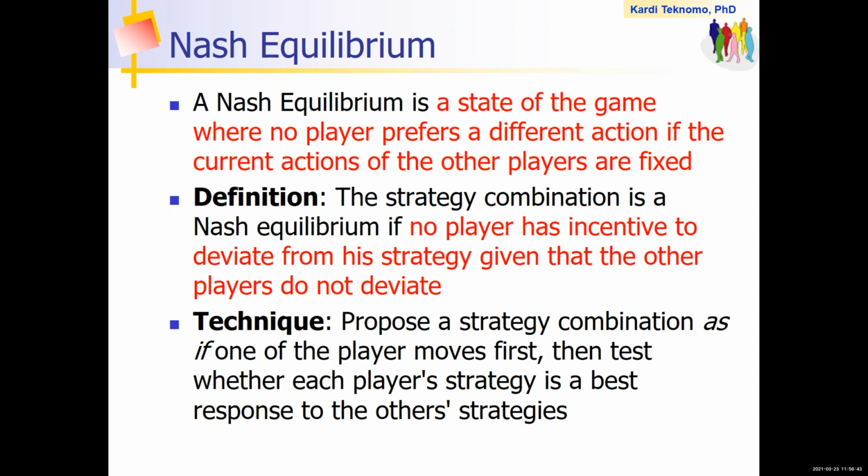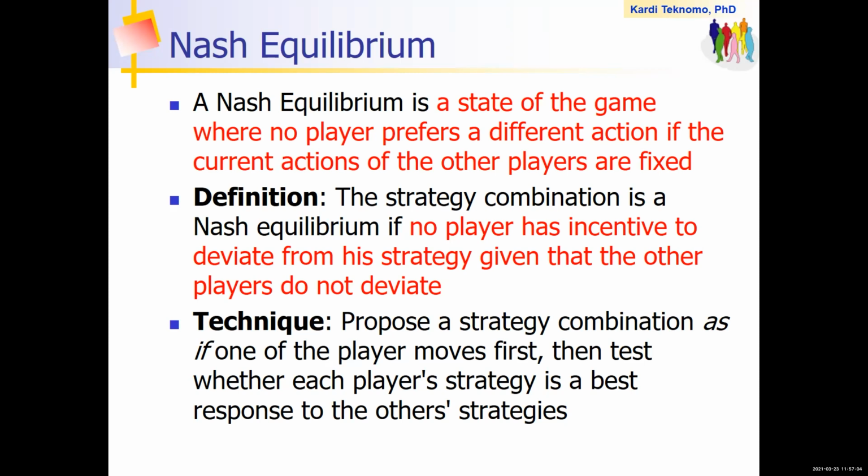Nash equilibrium is a state of the game where no player prefers a different action if the current actions of other players are fixed. So what is Nash equilibrium? It is a strategic combination where no player has incentive to deviate from his strategy, given that other players do not deviate.